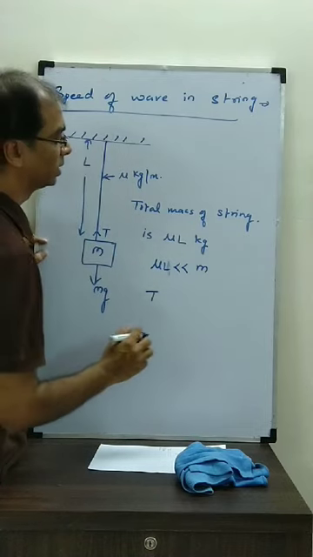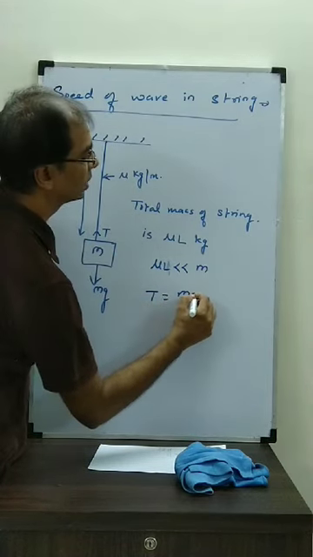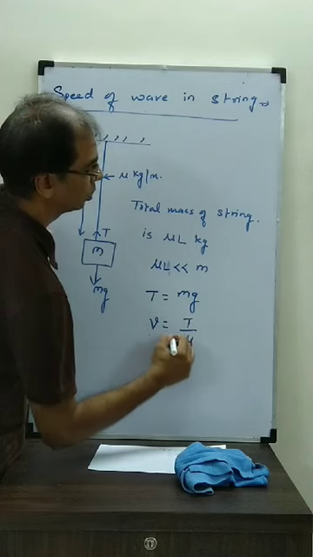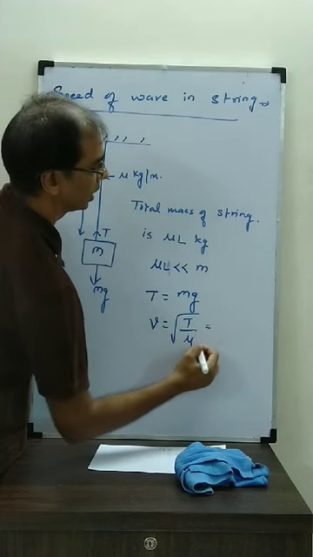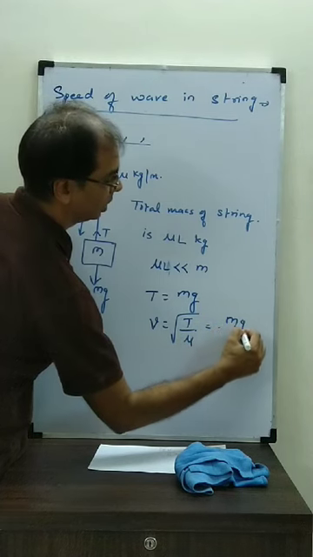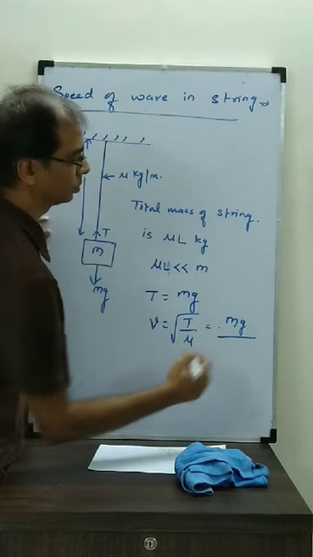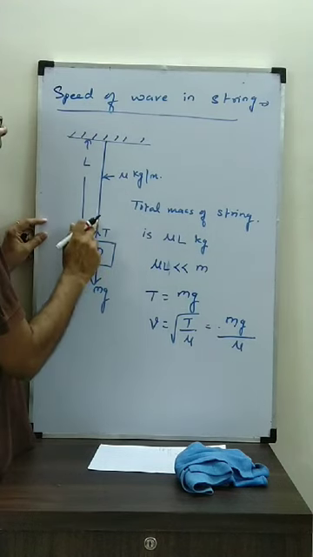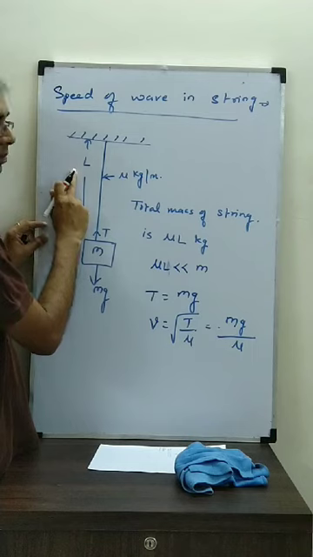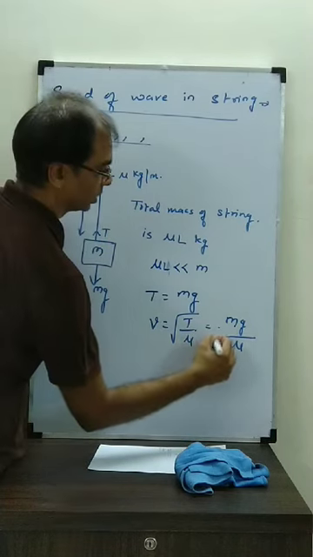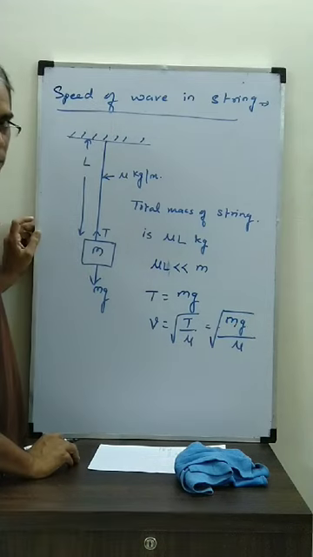If that is the case, then the speed of the wave, whose formula is root over T by mu, we can say that is root over mg by mu. What is mu? Mass of the string by its length. So its answer will be this.